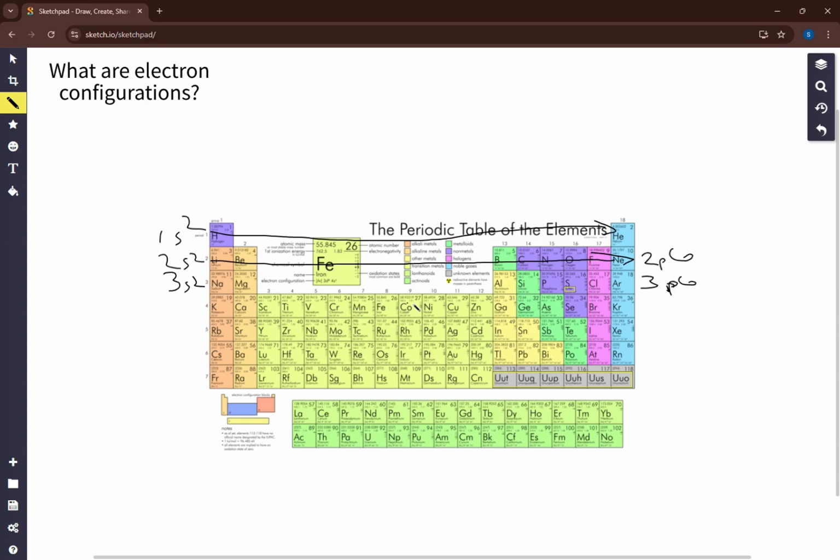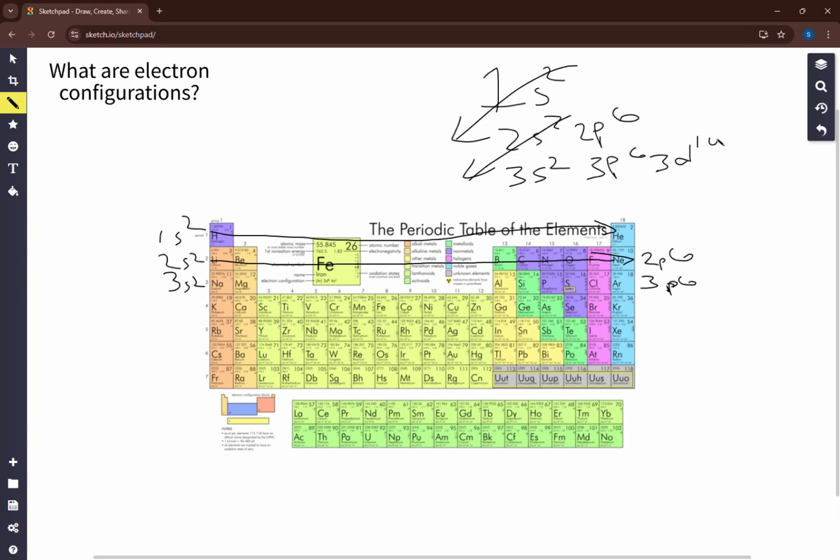It's super important to note that 3d10 is not here. So remember how we were going diagonal? We have 1s2, we go diagonal, 2s2, we go diagonal, 2p6, 3s2, 3p6, 3d10, 4s2, 4p6, 4d10, 4f14. We go diagonal from the 2p6, we get 3s2.